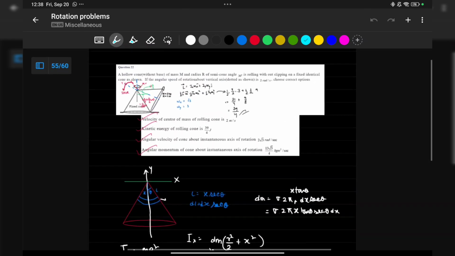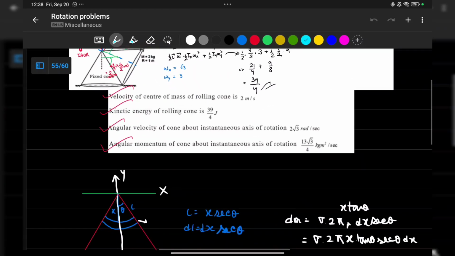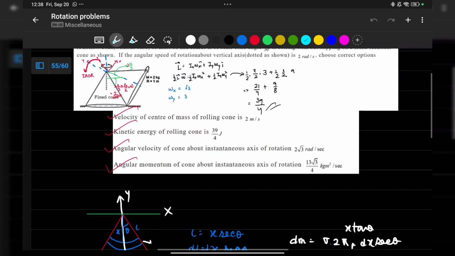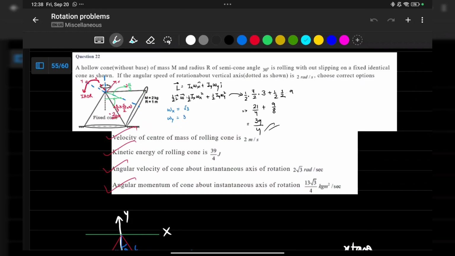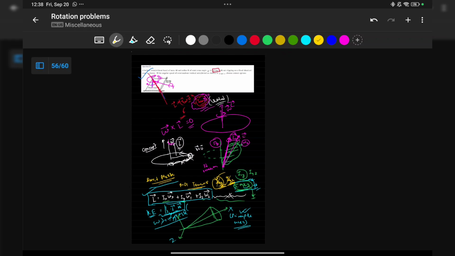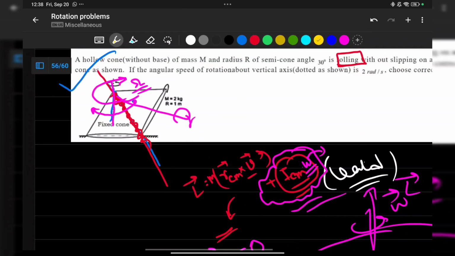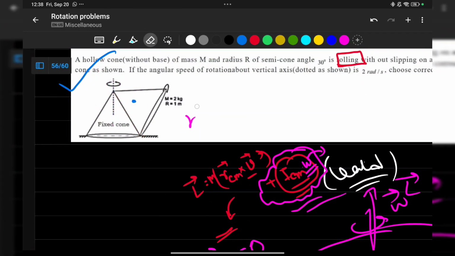I've already solved this question to save time. Now it says that this thing rotates about this thing. Now we have two rotations: it's rotating about this, and this is one. I'll just explain it on this image.